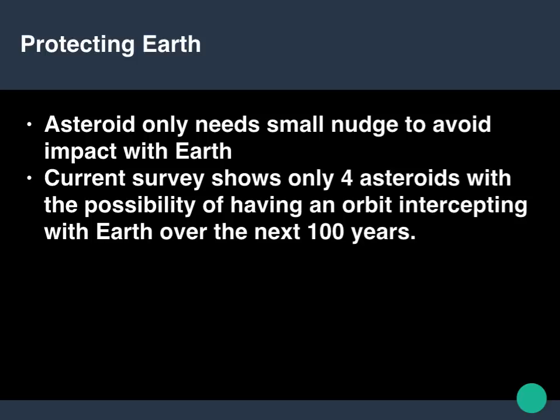And making sure that we can keep track of these so that if we did have to deploy nuclear weapons to nudge it off course, that we could do so early enough that it wouldn't cause a problem, or that we wouldn't miss it, or if we did miss it and didn't nudge it enough, we could come up with a separate solution, like moving everyone to the other side of the planet, hoping for the best.